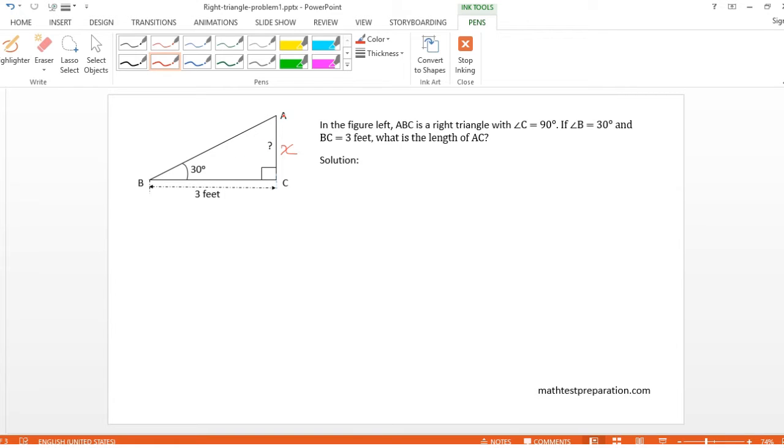In the right triangle ABC, the angle B is 30 degrees, which is opposite the AC.